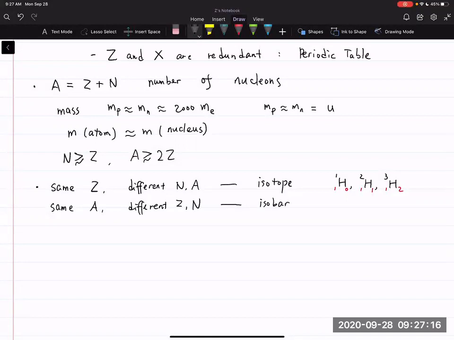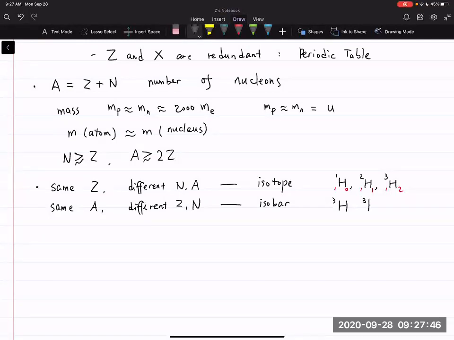So for example, let's take hydrogen 3, tritium, as an example. Same A, we can have another nuclide with the same total mass, 3. But let's say if we change one neutron to 1 proton, then we're going to have 2 protons and 1 neutron.